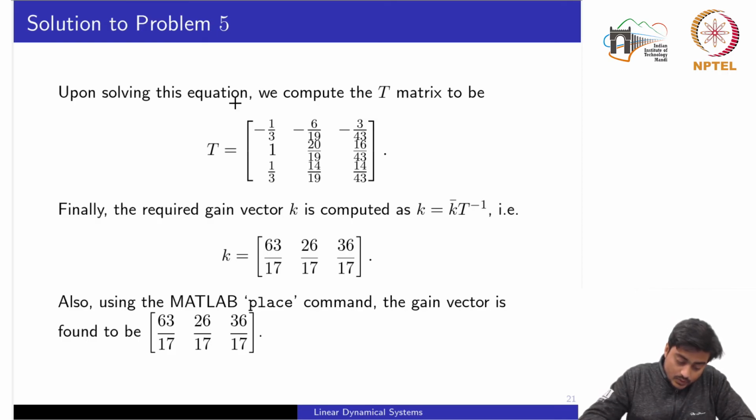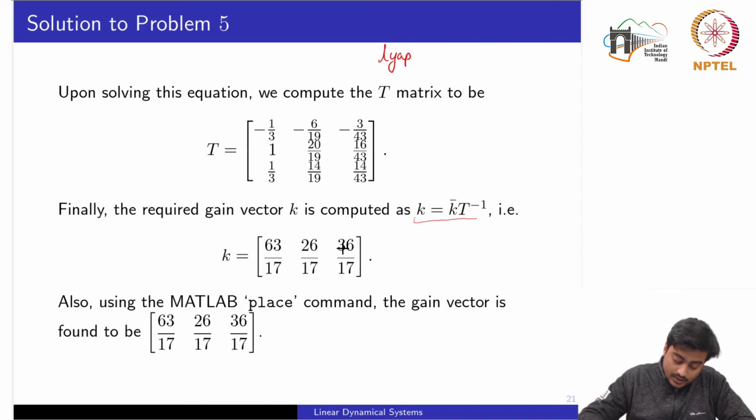Now to solve this equation, you can use the MATLAB function lyap to compute this matrix T. We have also commented during the lecture slide that this T matrix should be non-singular. Otherwise you cannot compute the state feedback gain using this equation, which involves the inverse of the T matrix. So from there we compute k equal to this one.